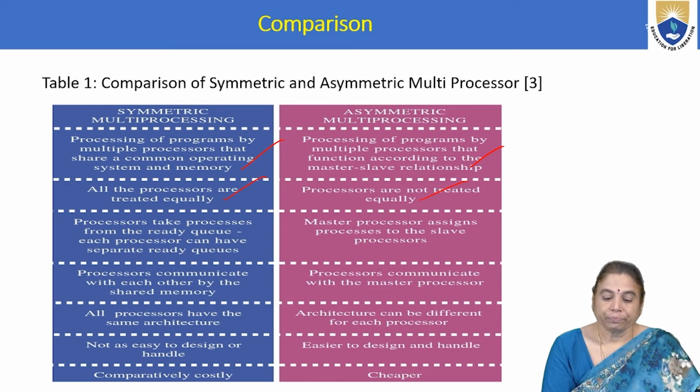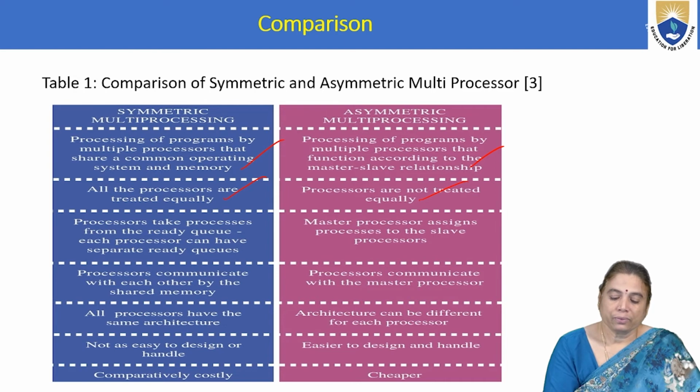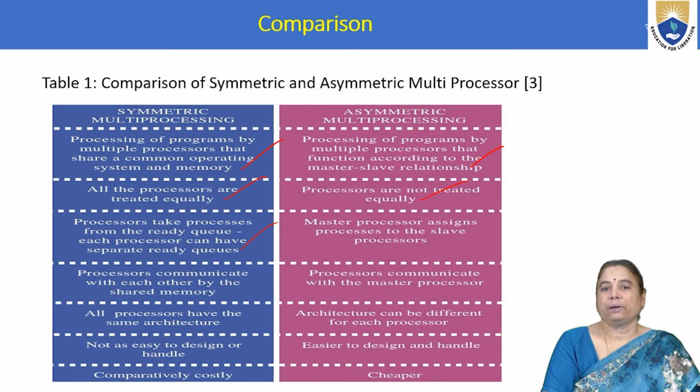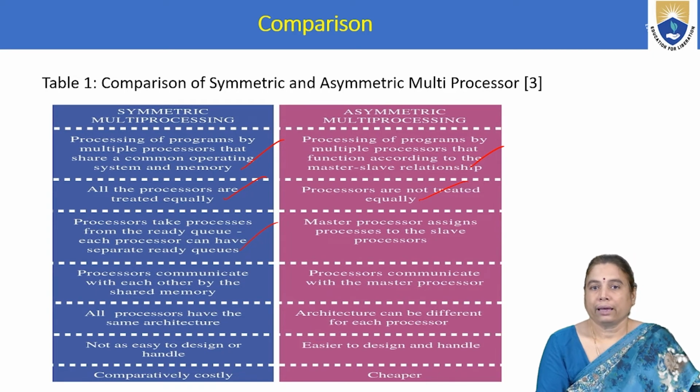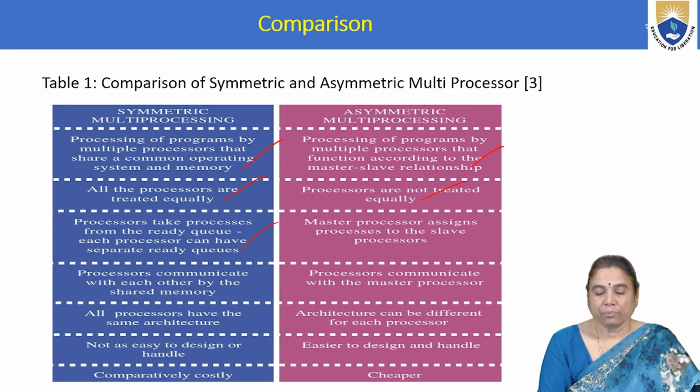Next, a processor can take a process from the ready queue, so each processor can have a separate ready queue.